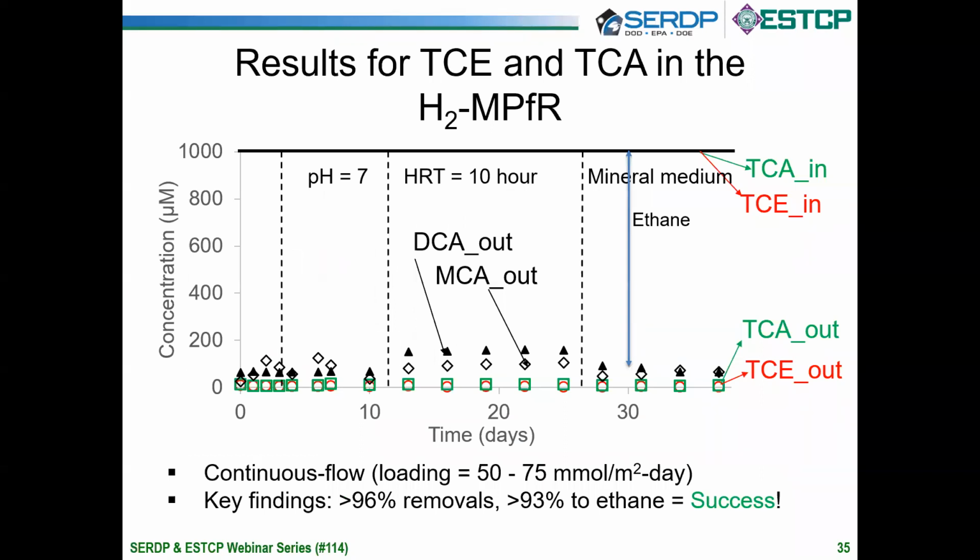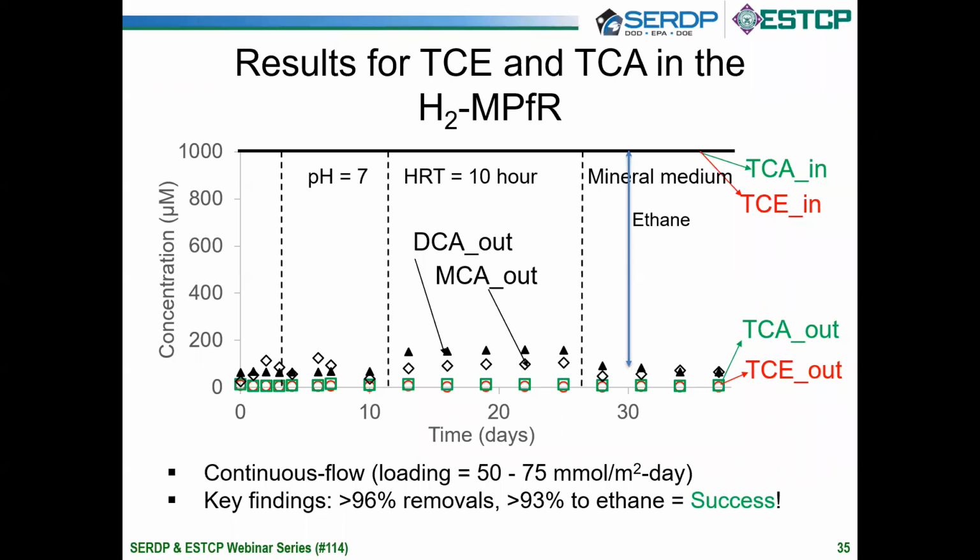And then we ran experiments with these coated fibers. Here's one of our experiments. It's illustrative of what we always saw. When you look at this graph, the experiment lasted about 36 days. Across the top, the dark black line shows that the influent concentrations of TCA and TCE were each 1,000 micromolar. We then ran them through the system under some various conditions. The key thing is if you look at the end, the colored symbols at the bottom are almost zero.